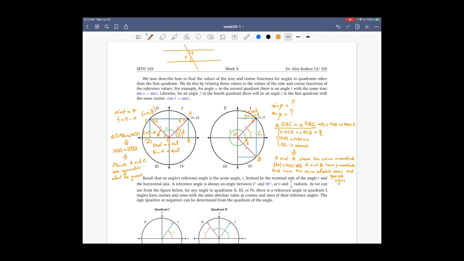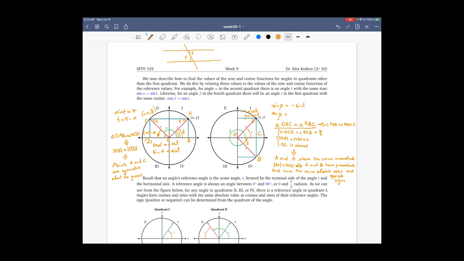On the other hand, sine beta, for instance, is the y-coordinate of point B. As we just said, that's negative the y-coordinate of point A. So sine beta is simply negative sine t.